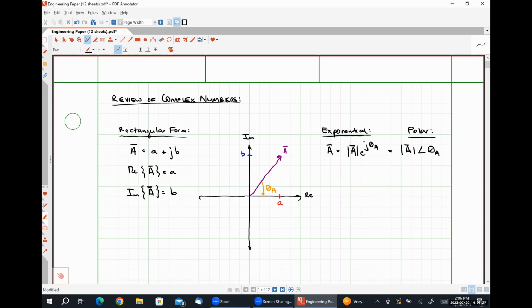The only thing that's different is this little e to the j thing. The polar form representation is just a shorthand notation for the exponential form. They are literally the exact same thing.